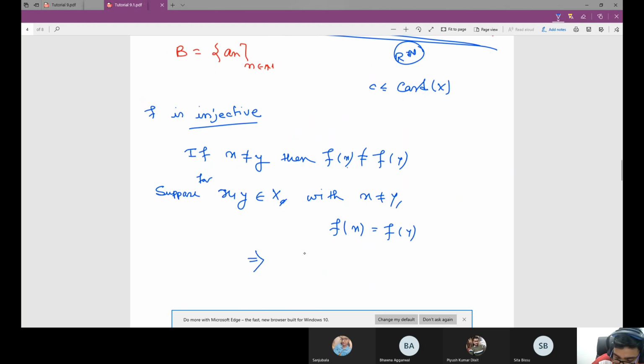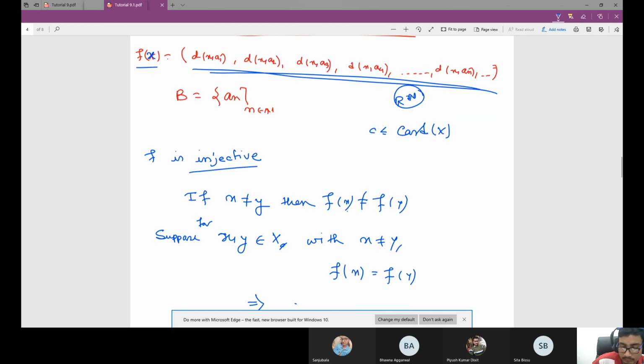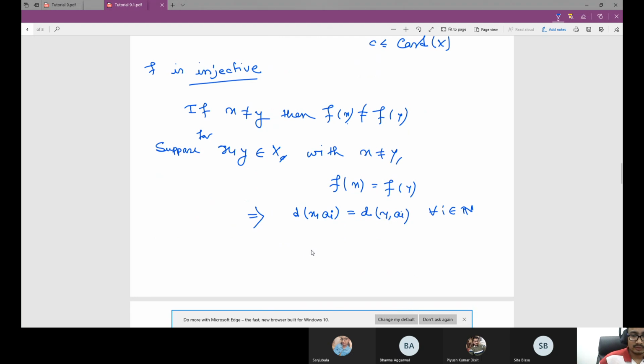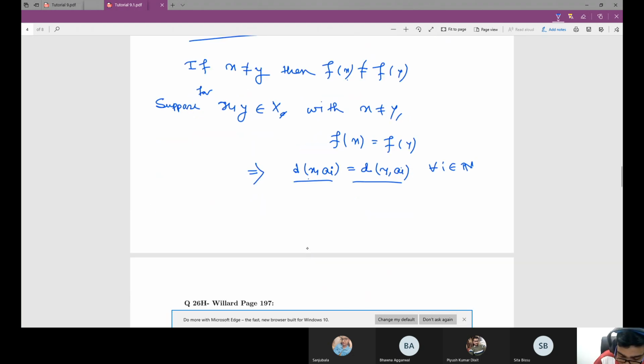This means d(x, a_i) is the same as d(y, a_i), for all i in n. This holds. Now you see x and y are not the same, so therefore d(x, y) is strictly positive.